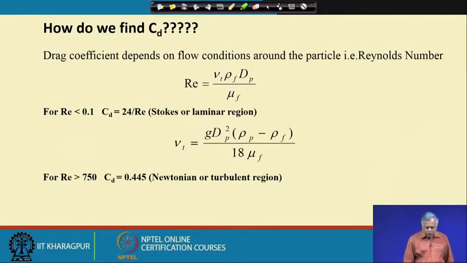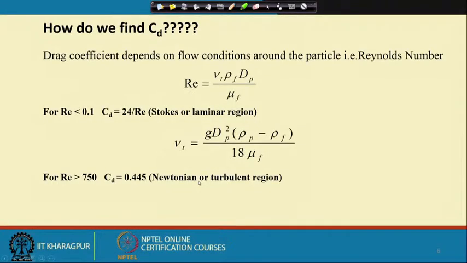Now, this region, that is the Stokesian region, is also known as the laminar region. That means it has hardly disturbed the flow of the fluid surrounding the particle. Now, this is applicable for bigger particles, when the particle mass, that is the inertia, dominates over the viscous forces or the viscous stresses offered by the fluid itself.